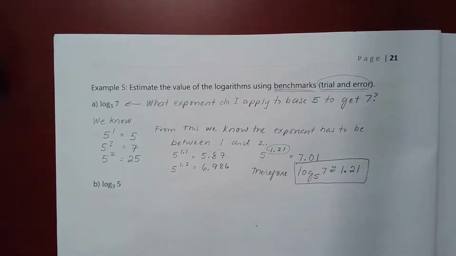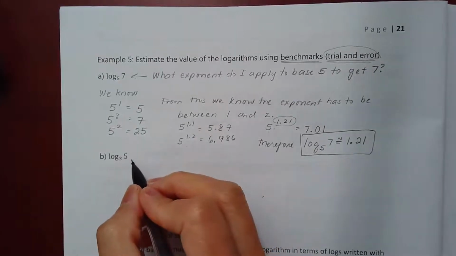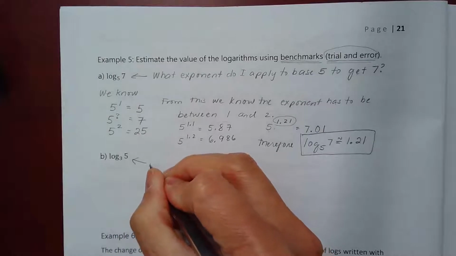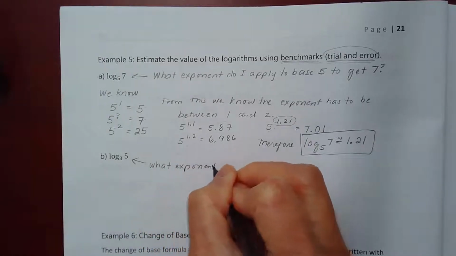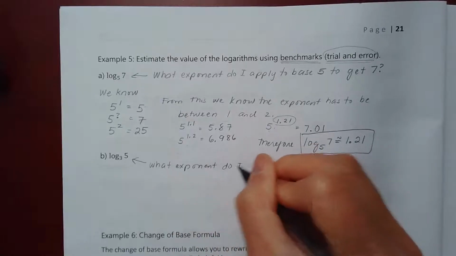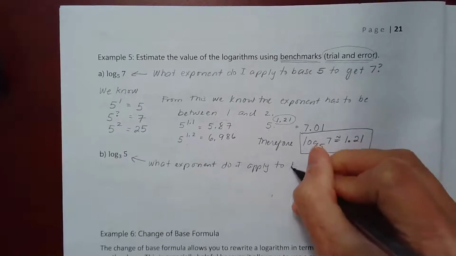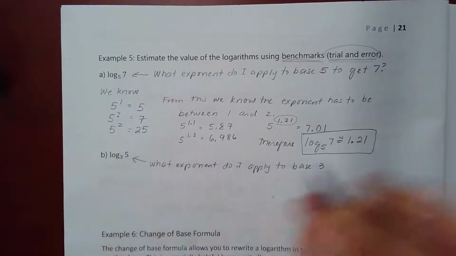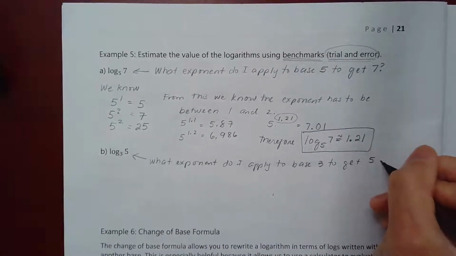Now let's try one more time using trial and error. Here, what we're looking for is what exponent do I apply to base 3 to get 5.